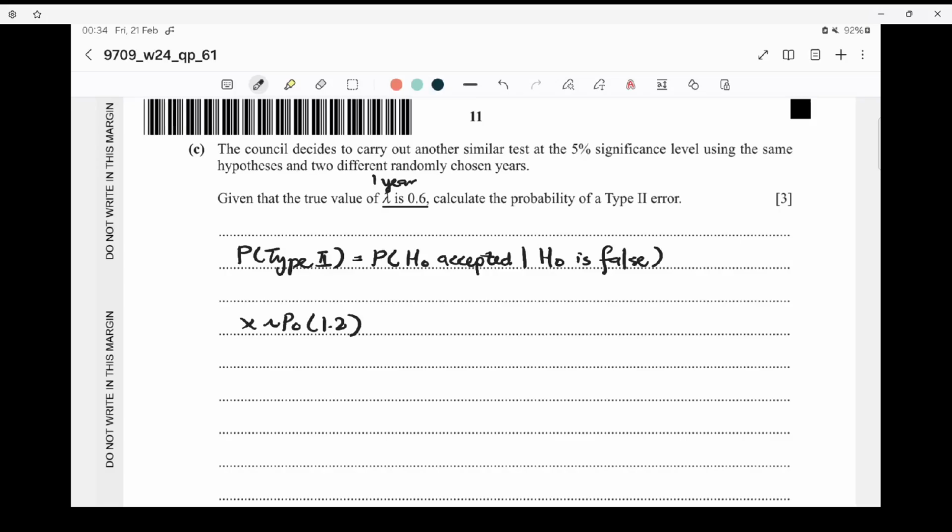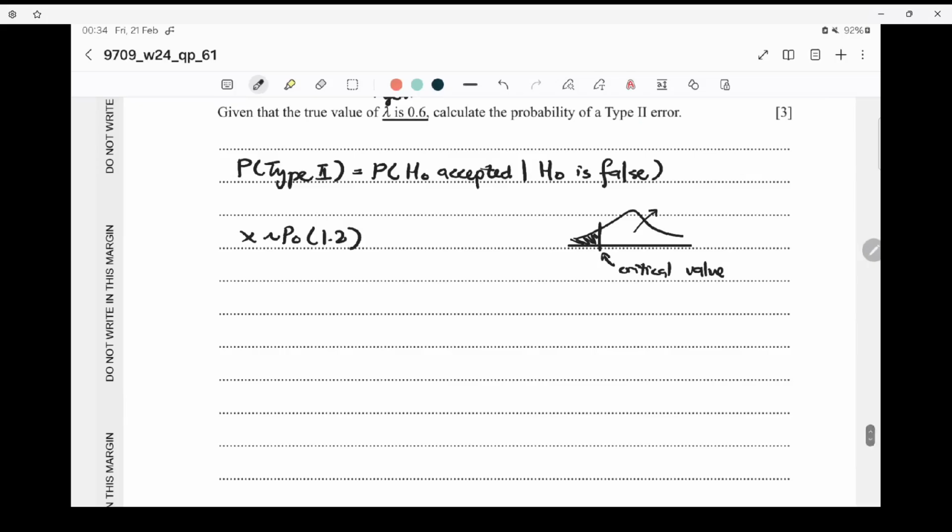So what is your type 2 error? Previously we calculated the critical value. For type 1 error, you just calculate the area of the critical region. For type 2 error, you use the true statistics to calculate this particular region.